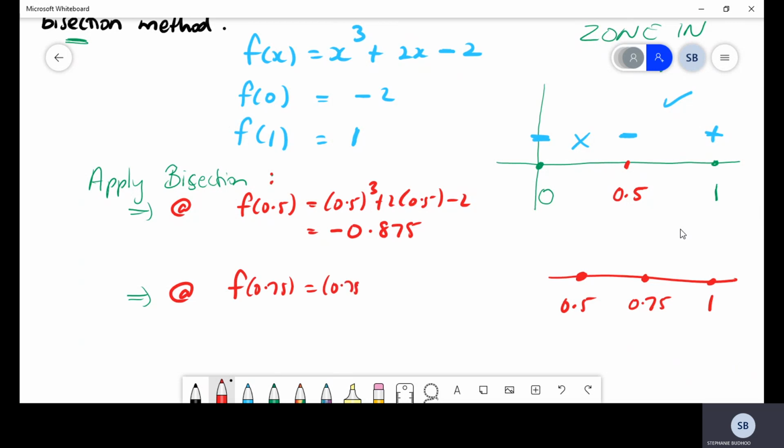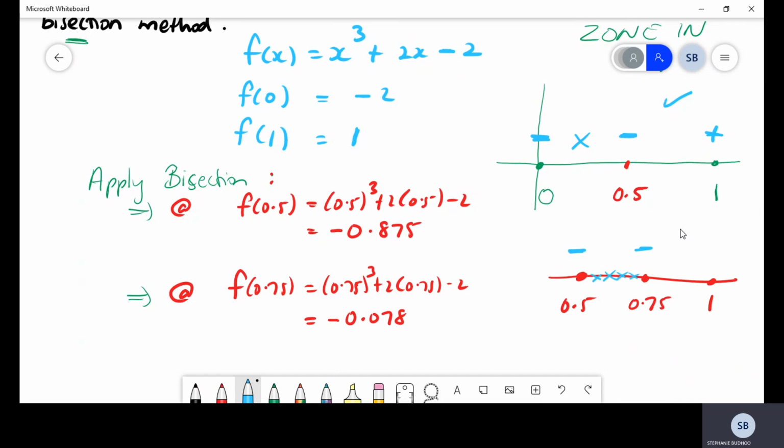That will simply be, and that works out to be equal to negative 0.078. So once again, let's zone into our signs. We remember from previously, when you found f of 0.5, we got a negative sign. Now we are finding f of 0.75, sorry, and we are getting a negative value. So we know that the root does not exist in this region.